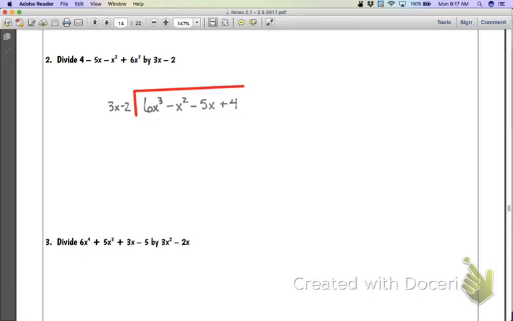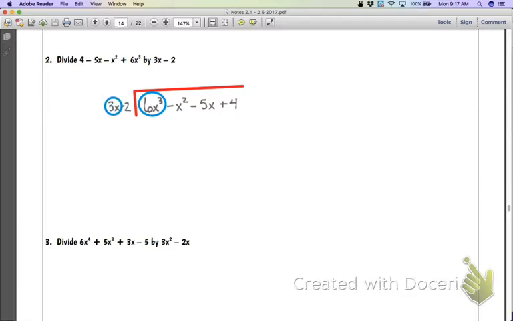Now, we could do synthetic here, but I'm going to show you one thing you've got to pay attention to in a minute. Because if we do synthetic, you get the same answer, but you get a different answer at the same time. That'll make a little more sense in a second. So again, always look at the first term and the first term.